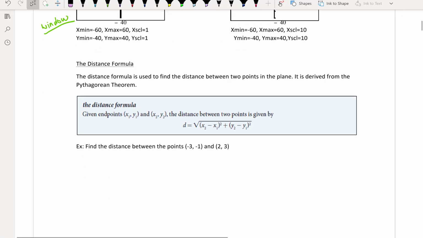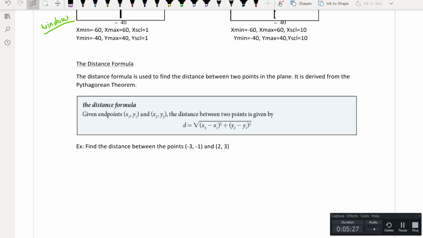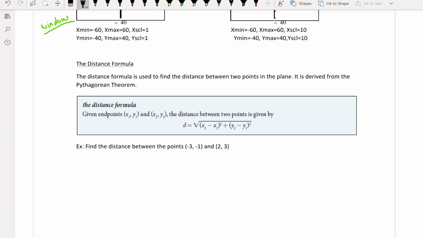Now we're going to go into the distance formula. What the distance formula does is it finds the distance between 2 points in the plane. So let's say graphically, if you're like, wait, that doesn't make any sense. Well, if you're thinking about it visually, here's my xy coordinate plane.